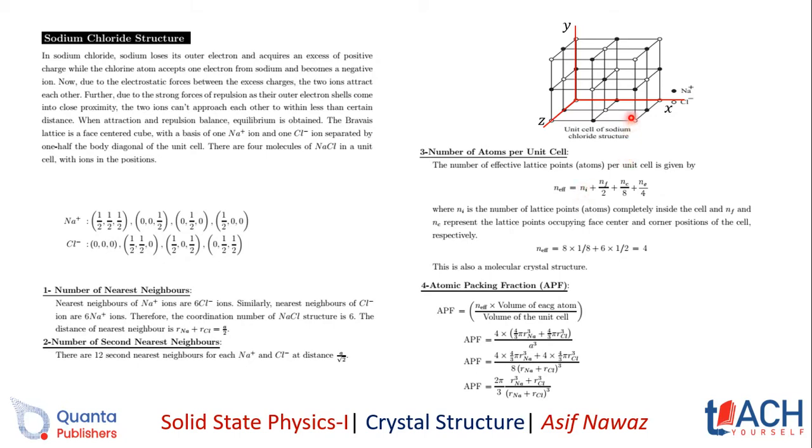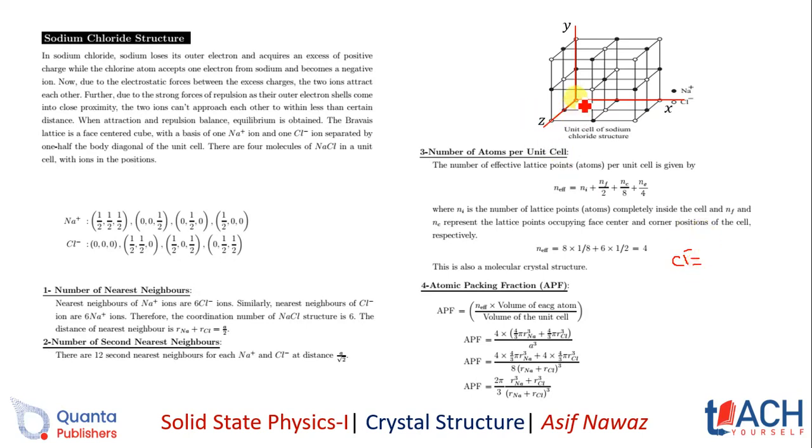There is no chlorine atom at the edge and no chlorine atom completely enclosed by this cube. So 8 multiplied by 1/8 plus 6 multiplied by 1/2, just these two parameters survive in the case of the chlorine atom. So we get a total of 4 chlorine atoms.